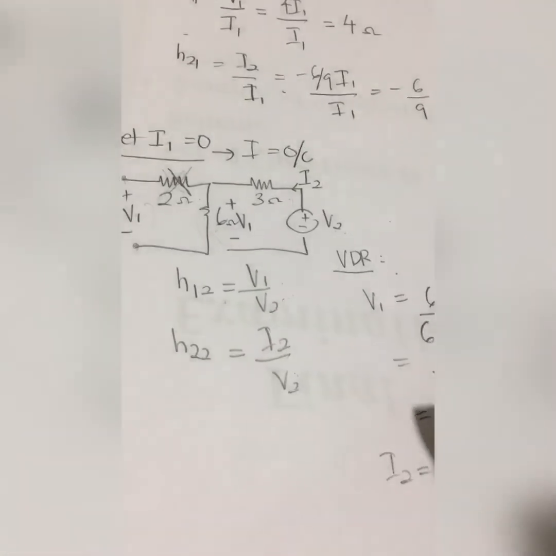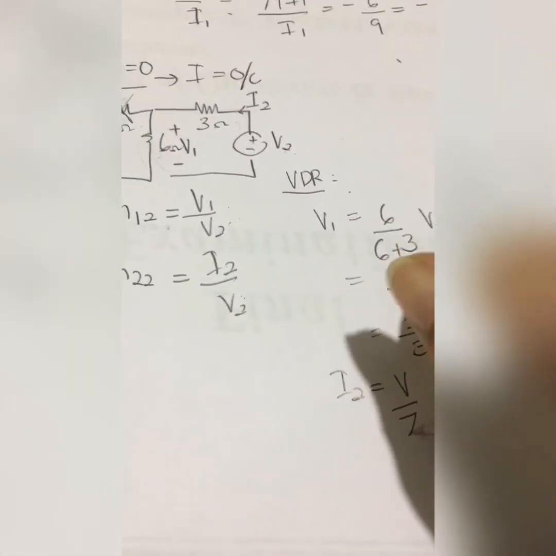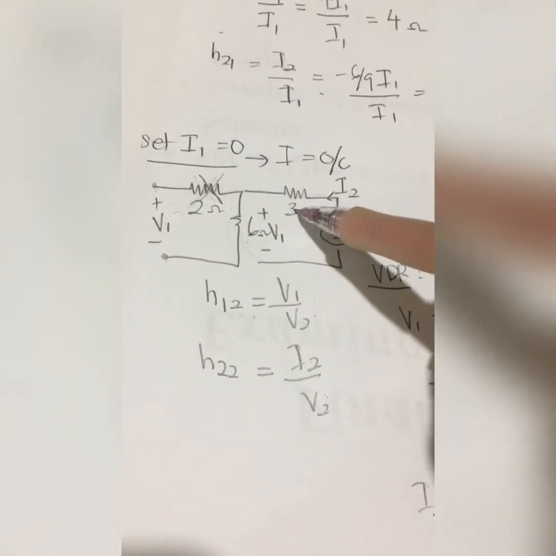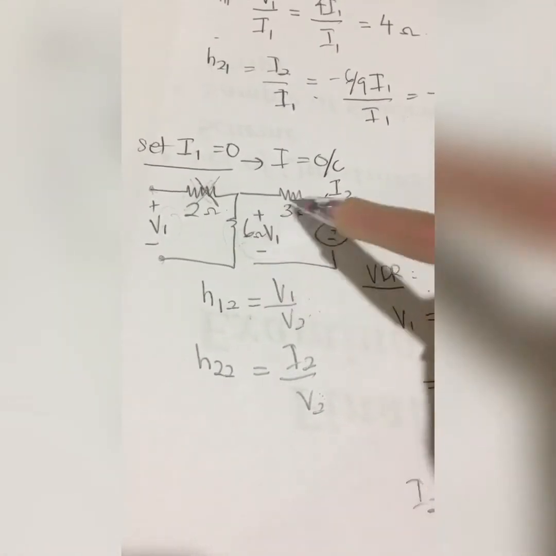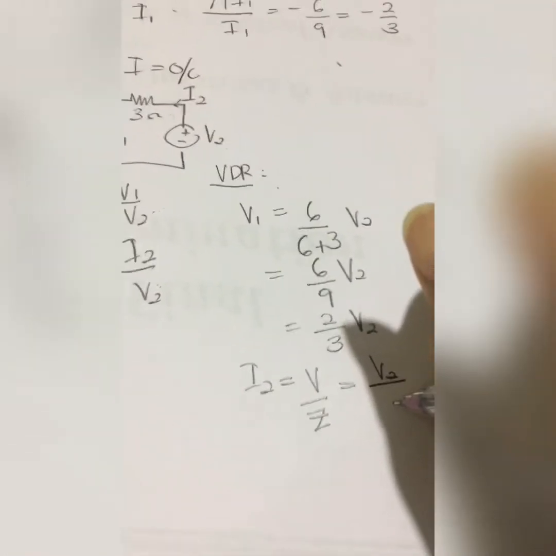So I2 will be equal to, using Ohm's law, V over Z total. So for V for this case is V2 divided by Z total, which will be 3 plus with 6, since these two resistors are in series. So we get 9.